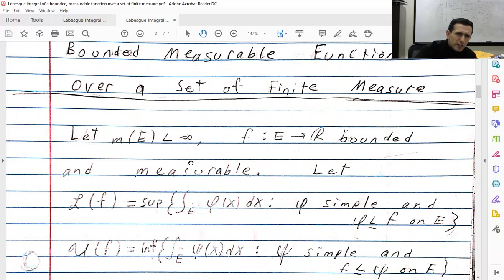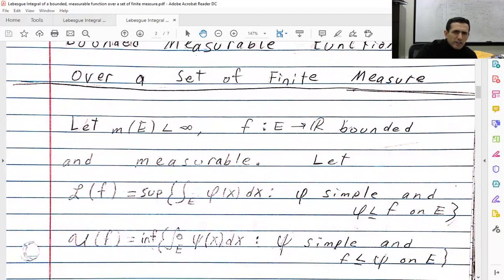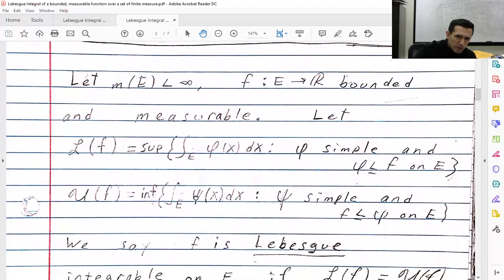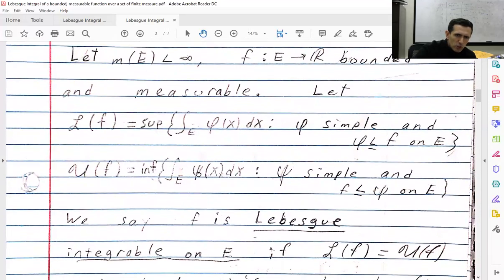The difference is E is not necessarily a closed interval, and the main thing is we're replacing step functions by more generally simple functions. Otherwise, these are basically the same as how we reformulated the modified upper and lower Riemann integrals. And just like how we reformulated Riemann integrability, we're going to say f is Lebesgue measurable if these two are equal.